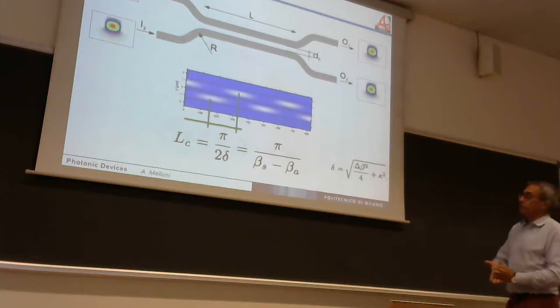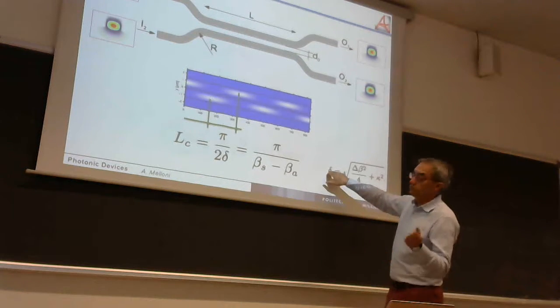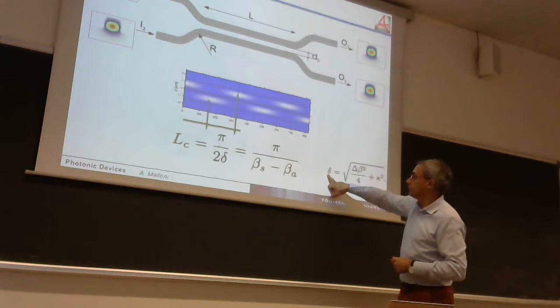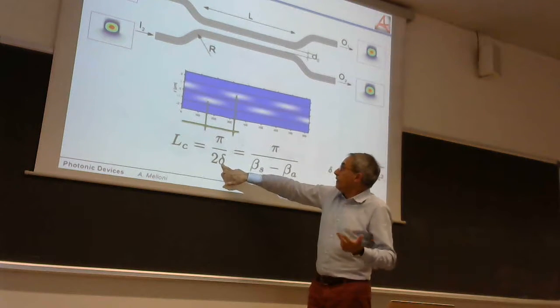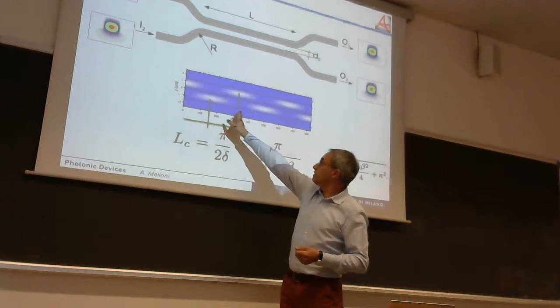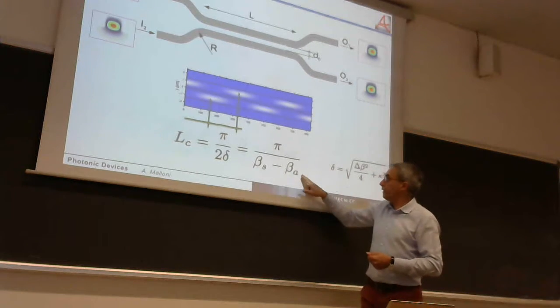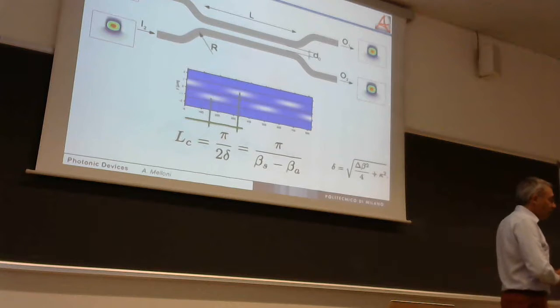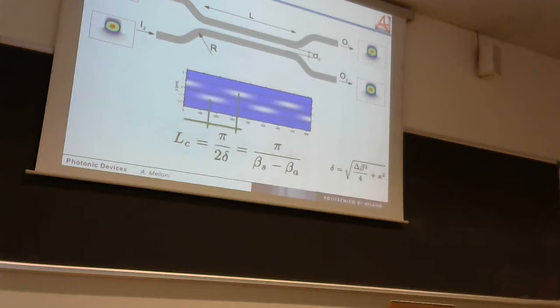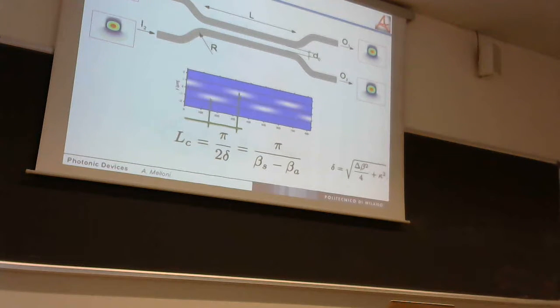In terms of the delta that I introduced in our formula, the period of this exchange of power can be clearly written as the difference of the phase constants of the two modes of the structure, the symmetric mode and the anti-symmetric mode.